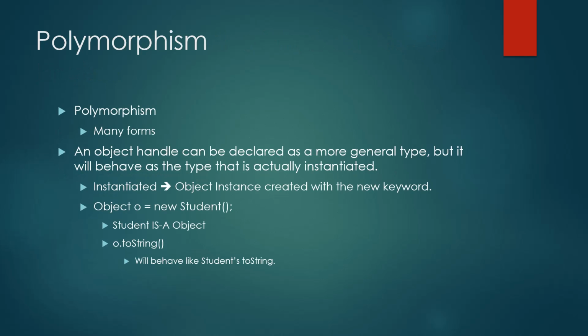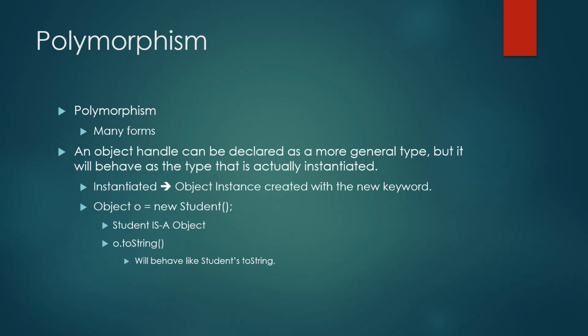Polymorphism. Polymorphism means many forms, and it really depends on inheritance to work. It's really a related characteristic. It means that an object handle can be declared as a more general type, but it will behave as the type that is actually instantiated. Instantiated here means the object instance is created with the new keyword. So for example, Object o is set to a new Student.